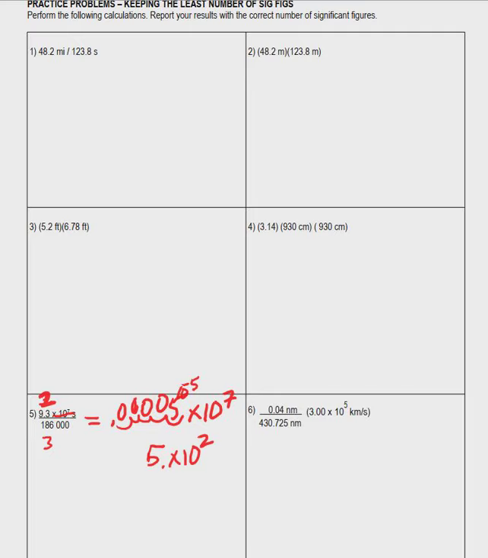We've got it to 2 significant figures, so that's going to be 5.0 times 10 to the second. You can also move it over 2 more, but it's easiest to be 5.0 times 10 to the second.